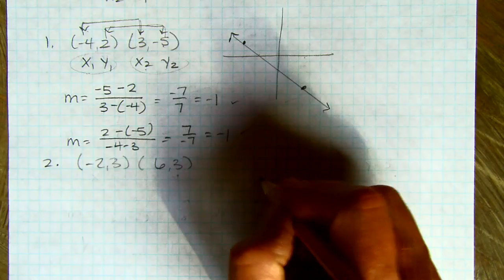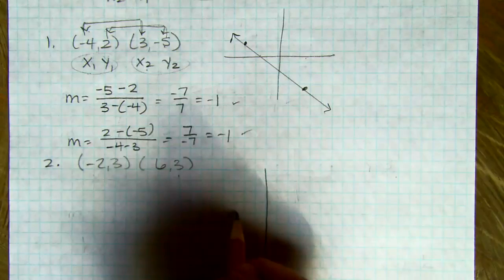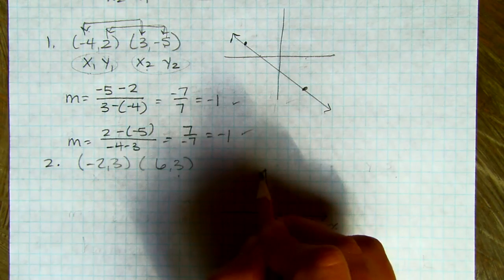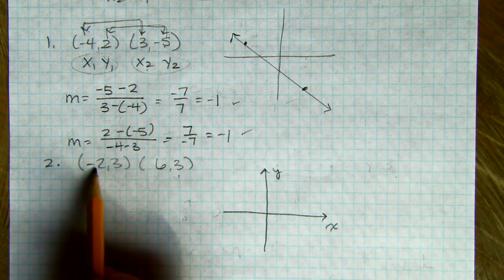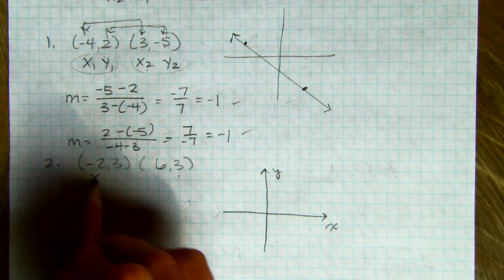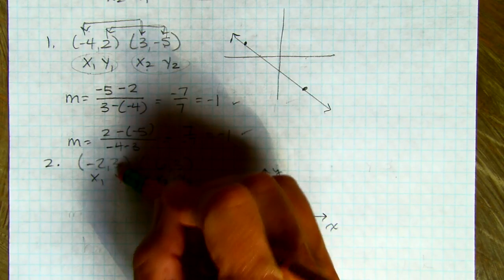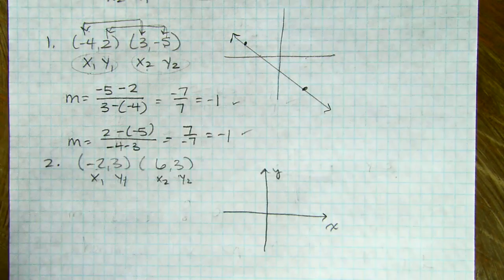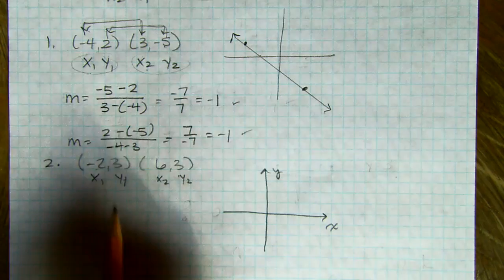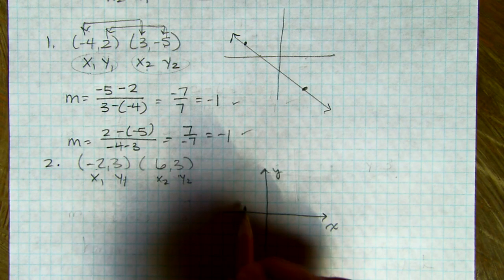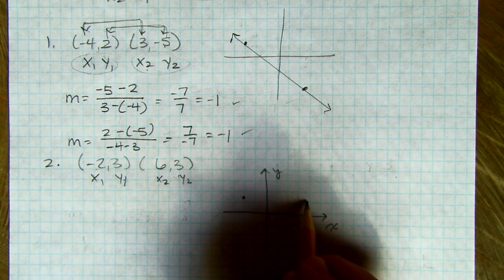Sometimes there's a special circumstance that arises. What's going on here is, notice my x values are different, but my y values are the same. x1, y1, x2, y2. So what does this look like? It looks like (-2, 3), and then (6, 3).